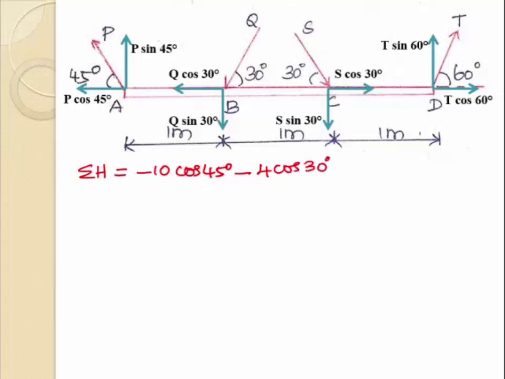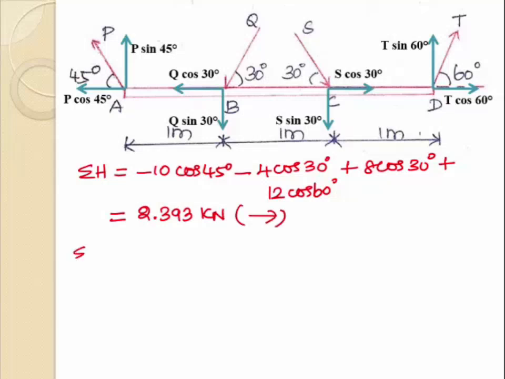Next at point C, plus S cos 30, S value is 8, so 8 cos 30. And at point D, plus T cos 60, T value is 12, so 12 cos 60. Okay, so on resolving this, we can get the value of summation H as 2.393 kN.